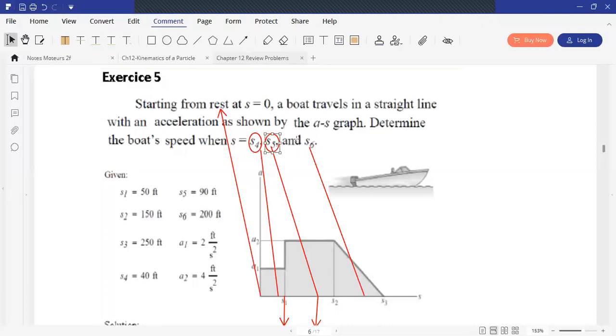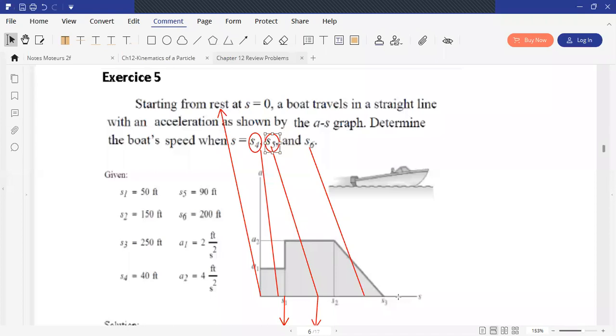I am done with velocity at 5. Now I will move to the last point, which is S6. For S6, it's a little bit more complex because A is variable. So please pay attention. Because in the third phase A is variable, I cannot use the relation V square final minus V square initial equals 2A delta S. What should I do in the third phase?